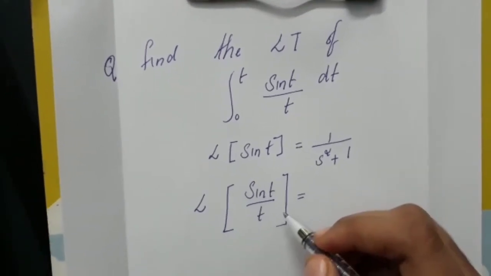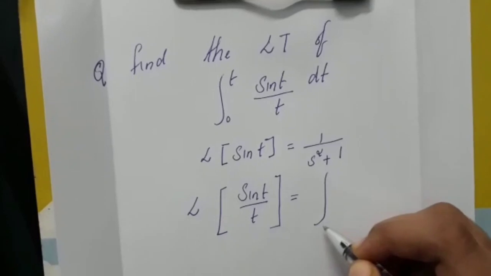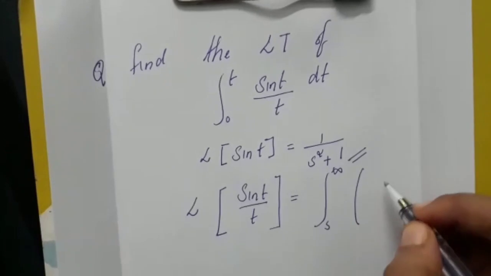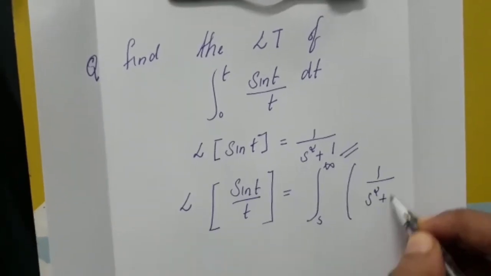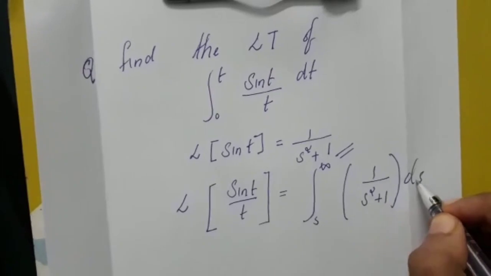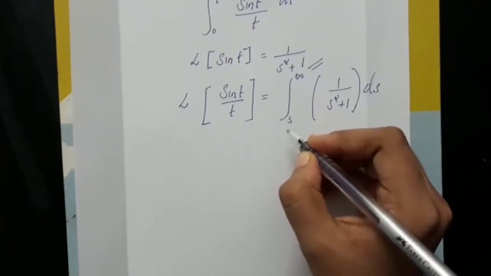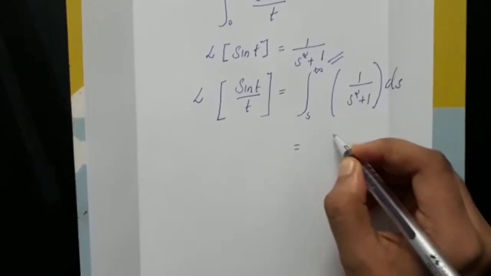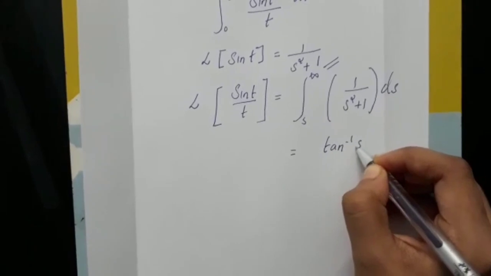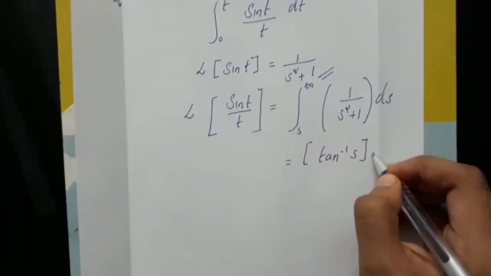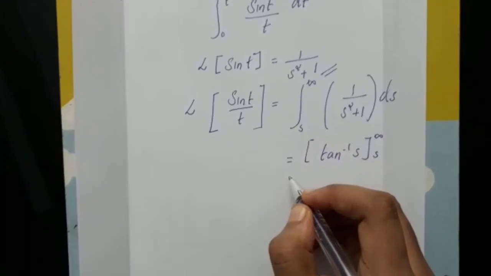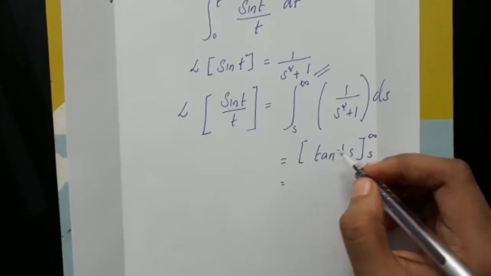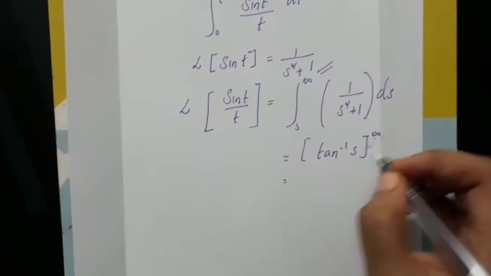So according to that property, we need to take the integral from s to infinity of 1 divided by s square plus 1 ds. The integral of 1 by s square plus 1 is tan inverse s. Then apply the limit, that is upper limit minus lower limit. Here the upper limit is infinity, so we need to write in the limit form.